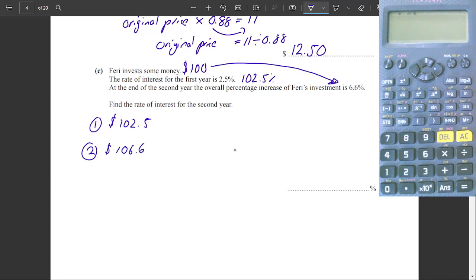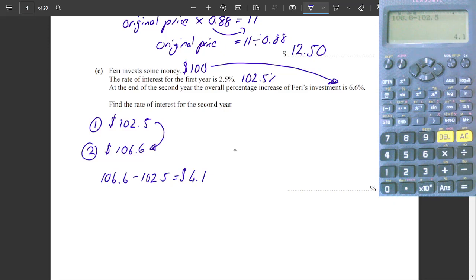Now the question is, what is the increase from there to there? First we work out the actual increase, which in this case, because we used $100, is also the percentage increase. So we do 106.6 minus 102.5. That means Ferry's investment increased by $4.1.